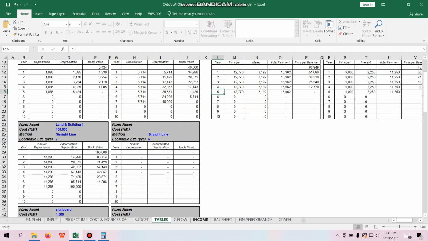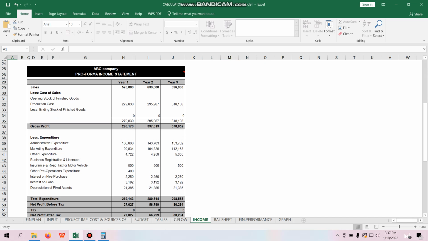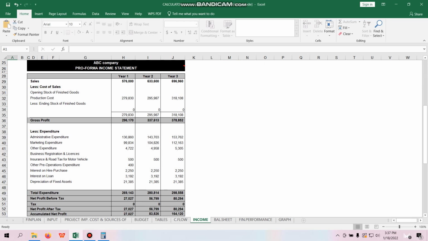So if you choose manufacturing, no wonder I can say that for the expenditure, you minus the admin, marketing, and all other expenditure. Therefore, you don't have the operating expenditure.